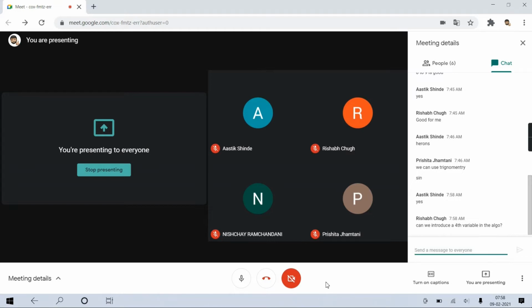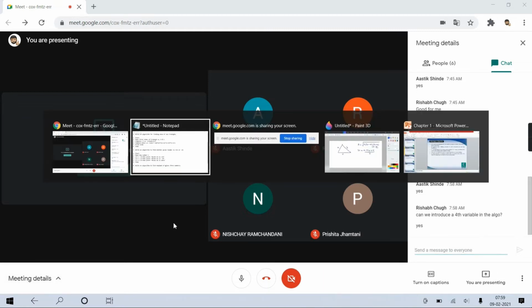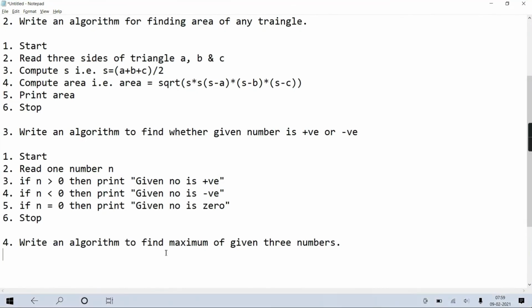He's asking whether we can introduce a 4th variable in the algorithm. Yes, in which you'll store the maximum, and then finally you just display that maximum. You'll do the printing only once, isn't it? Yes, 100% valid. Maximum questions you can solve.